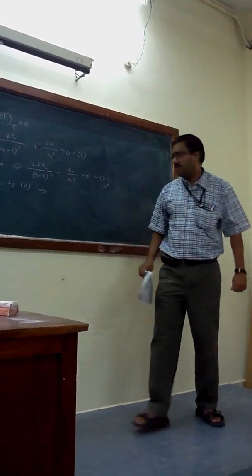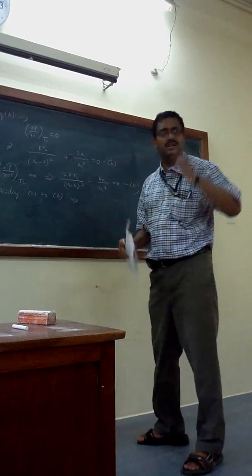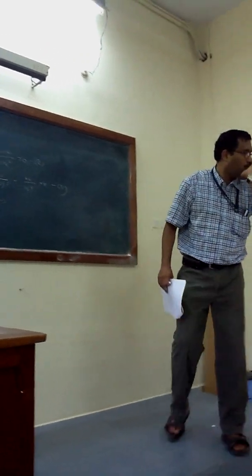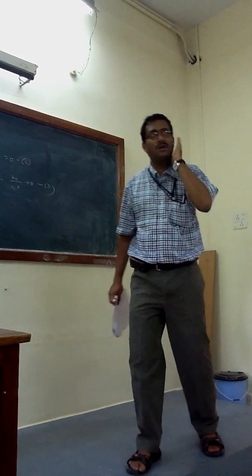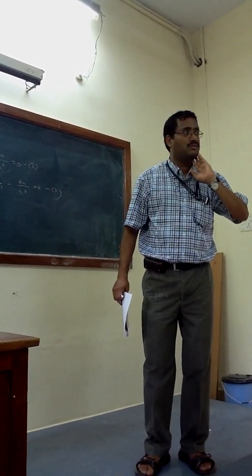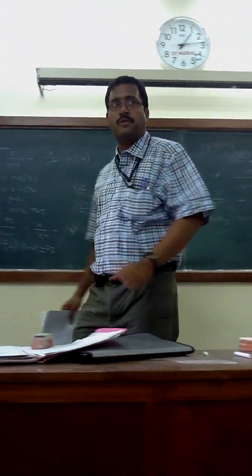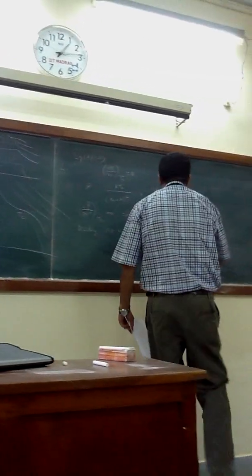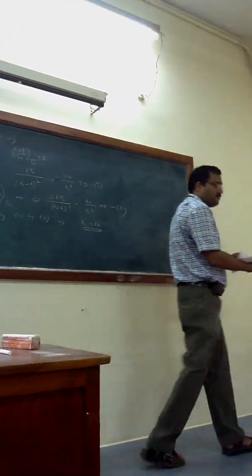You will get the critical volume from here. Very simple thing you get: VC equals 3B.